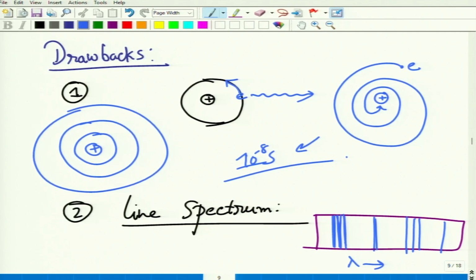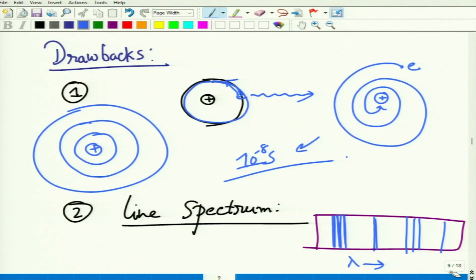According to the Rutherford model, as the electron is orbiting the nucleus and it is a charged particle which is accelerating, it should radiate electromagnetic waves. That's correct. For which we should have some spectra, but that should be continuous because it's continuously rotating. Also there is no restriction on the orbit, so any radius is allowed, and at any lambda we should have some spectra.